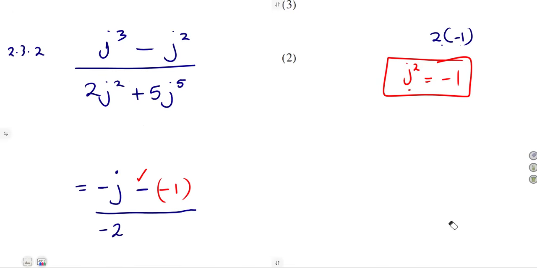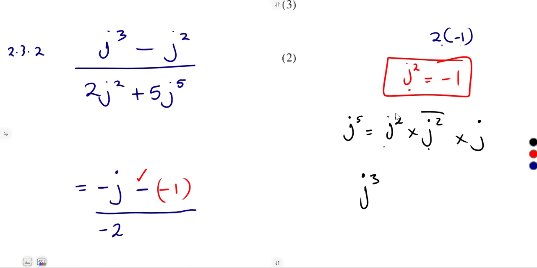Let's see, j to the exponent of 5. How can we simplify this one in simplest form? There is a j squared. If you take note, guys, it is j to the exponent of 5, so there is remaining j to the exponent of 3 there. So we can also multiply by another j squared times a j. So j squared times j squared to the exponent of 4 times this one to the exponent of 5.